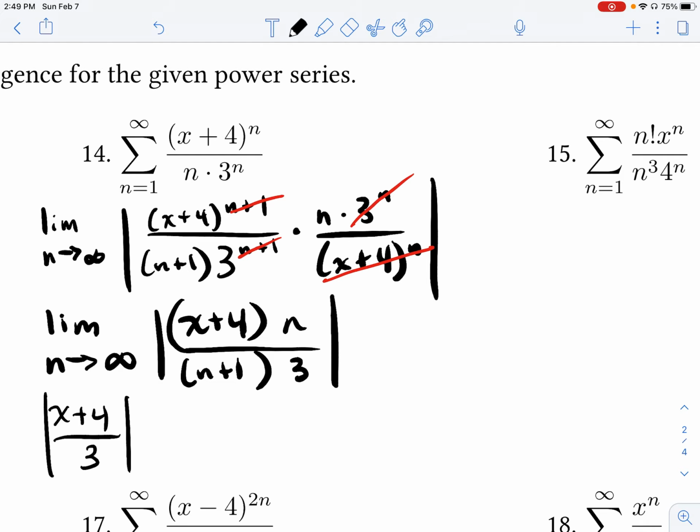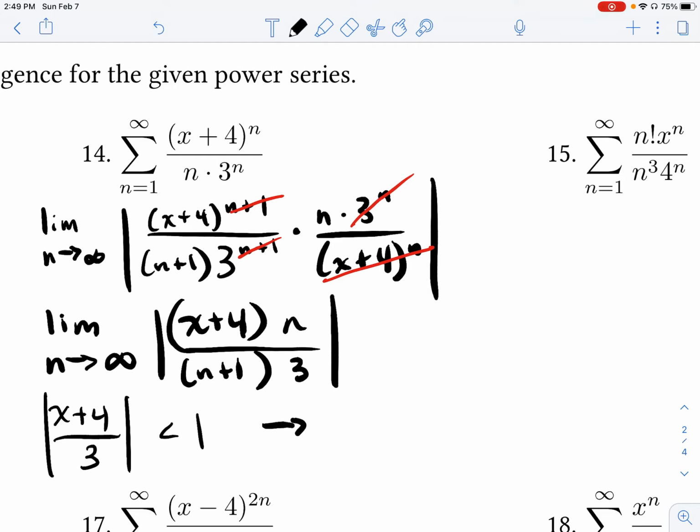And we know then that the limit of the remaining terms, n over n plus 1, is equal to 1. And so all we're left with is the absolute value of x plus 4 over 3 is less than 1. Okay? And since this was already the absolute value of 3, we actually don't need an absolute value around the 3, but it's fine. I'll leave that in there.